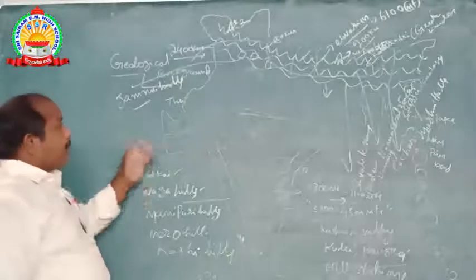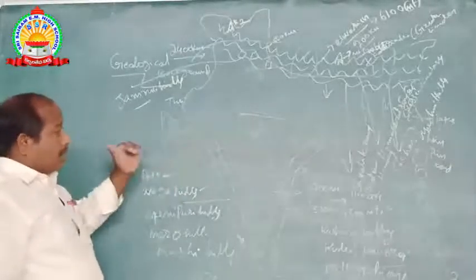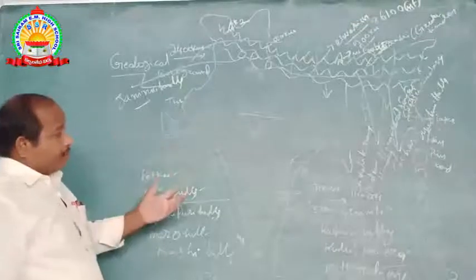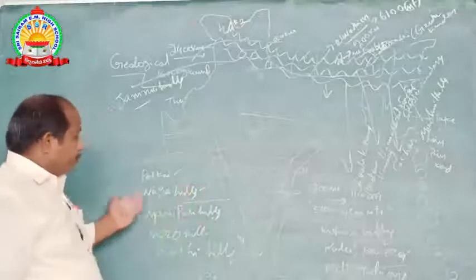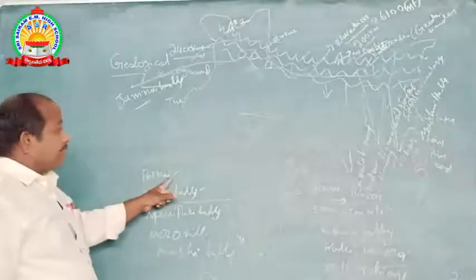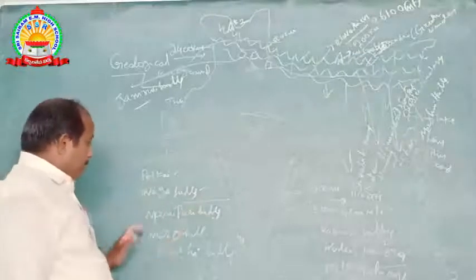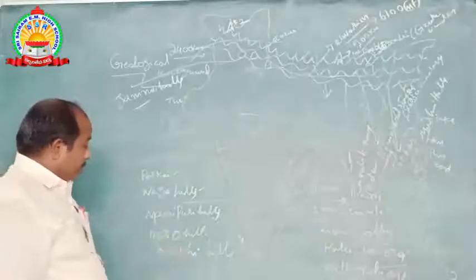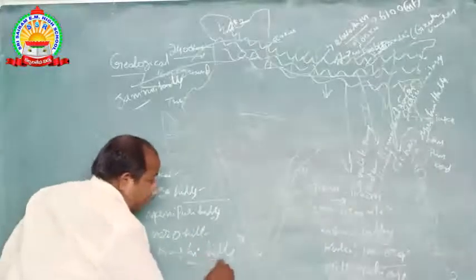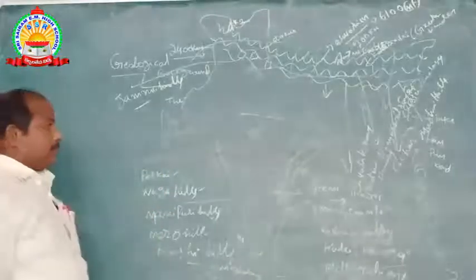Patkai ranges are in states like Nagaland, Manipur, Tripura. Naga Hills, especially in Nagaland. Manipur Hills in Manipur, Mizo Hills in Mizoram, Kashi Hills in Meghalaya.